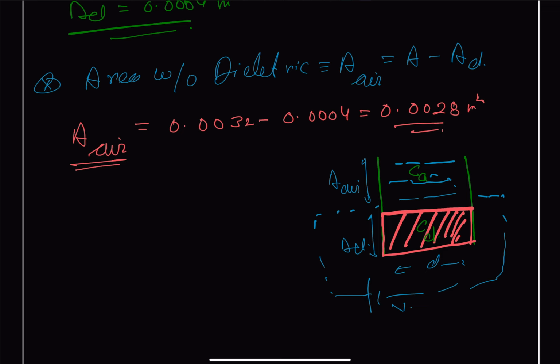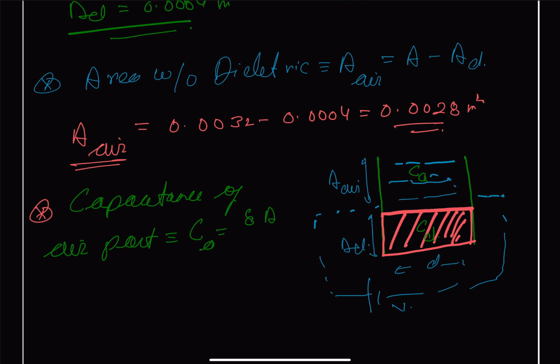Therefore, we can say that the capacitance of air part, that is our C air, will be equal to epsilon naught times area of the air divided by d.